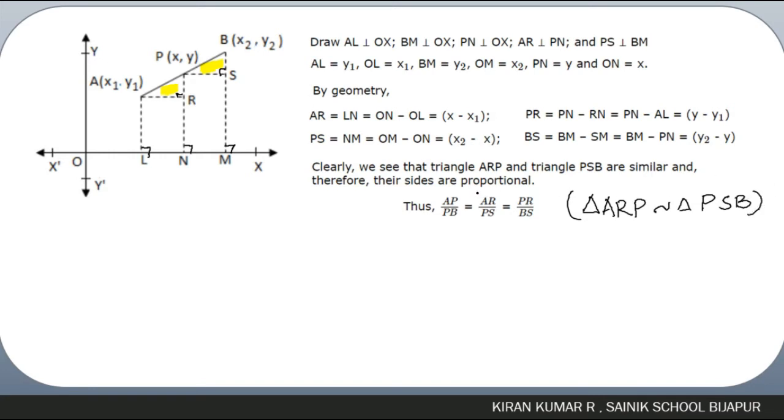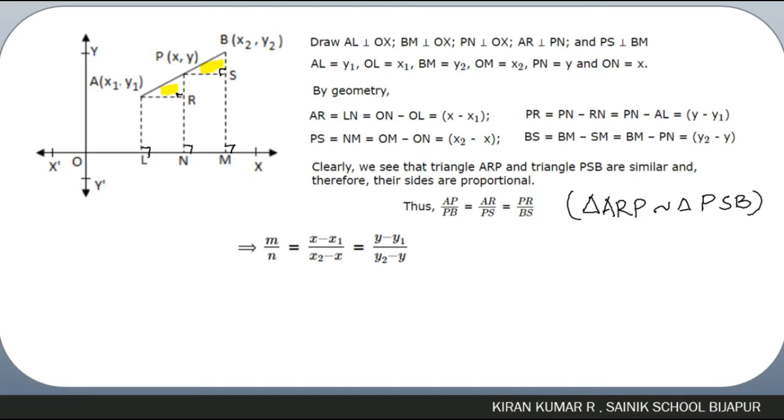Since we have considered the ratio AP by PB to be m by n, I can write m by n equal to, instead of AR, x minus x1, instead of PS, x2 minus x, and in the same way, instead of PR, y minus y1, instead of BS, y2 minus y. Therefore, we get m by n equal to x minus x1 by x2 minus x, which is equal to y minus y1 by y2 minus y.